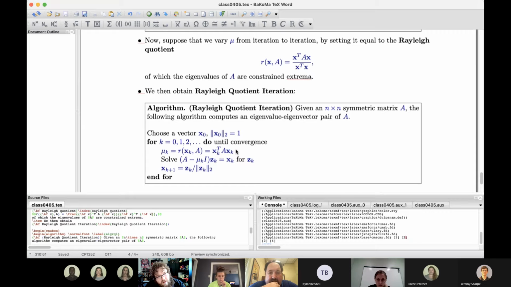Think about whatever properties x_k has as shown here. Anyone?